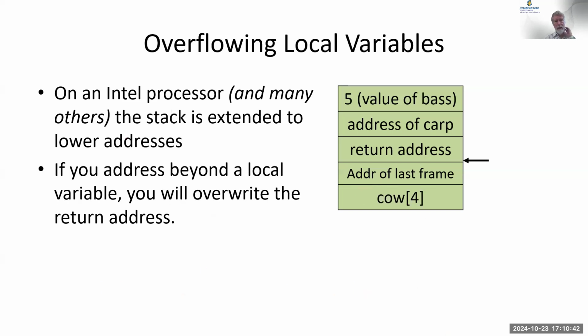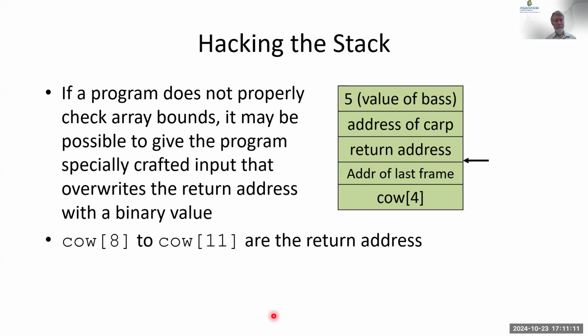Now, imagine somebody puts more than 4 characters into our cow variable. You'll notice that cow goes up as cow 0, cow 1, cow 2, cow 3, and cow 4 is the first address of the frame. So if you put more than 3 characters and a terminating character into cow, it's going to flow into the next value in the stack, in this case, the frame pointer.